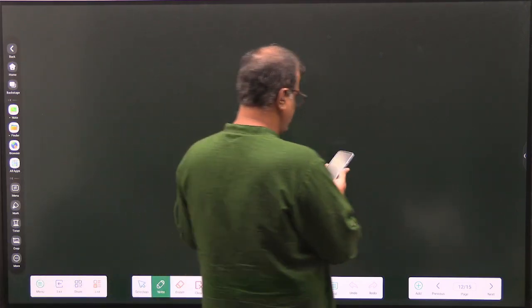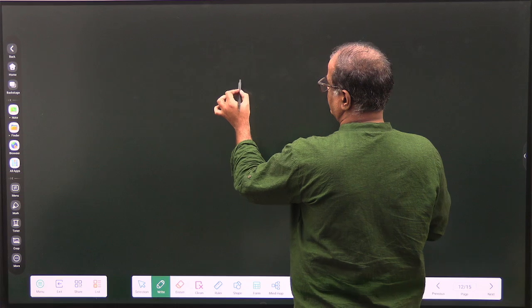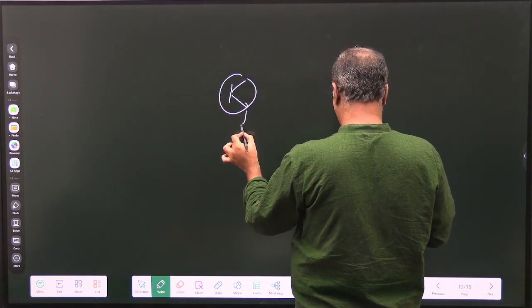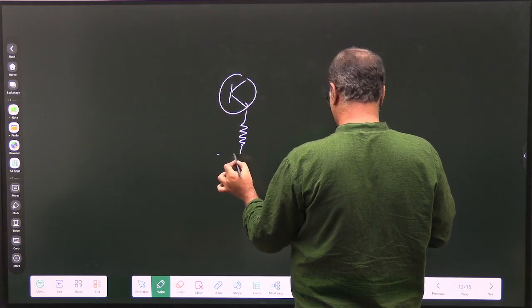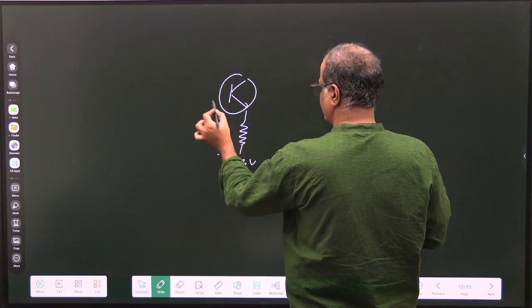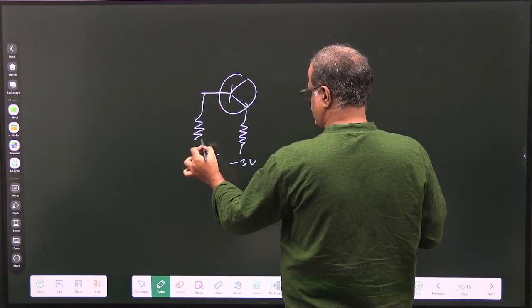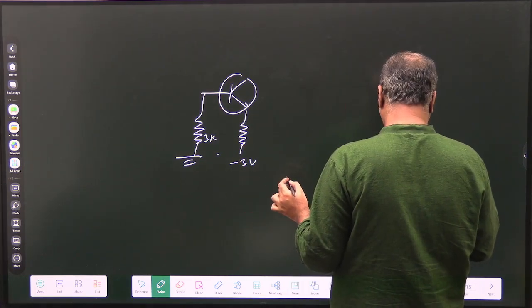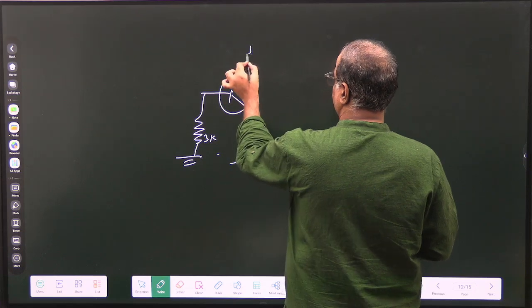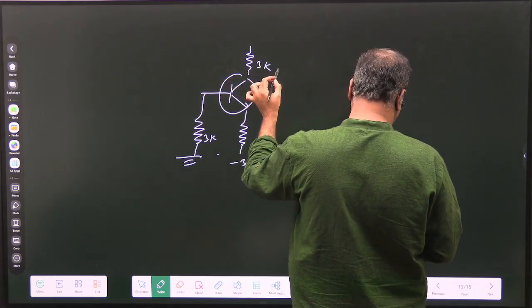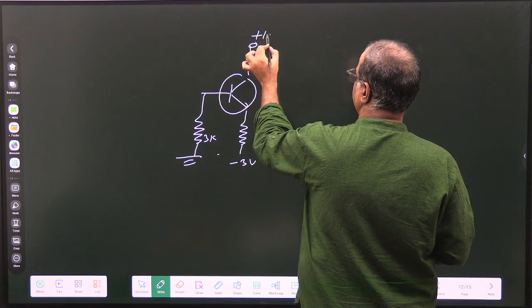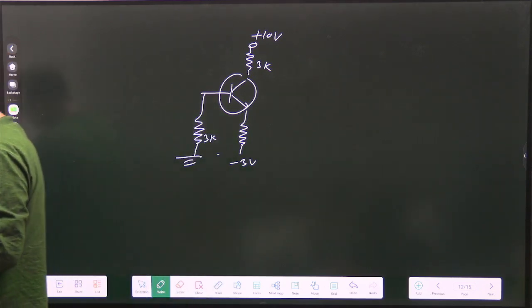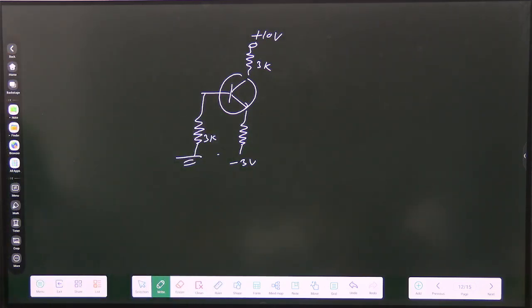Okay, so this is your transistor, minus 3 volt, and plus 10 volt. Okay, tell me, what will it be? So is this forward bias or reverse bias?